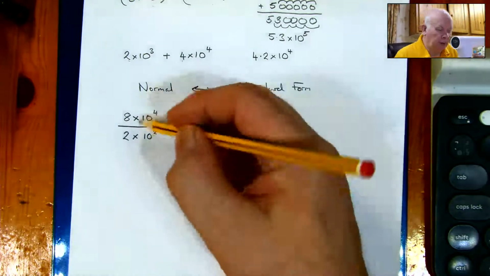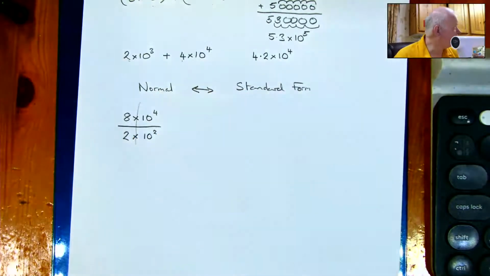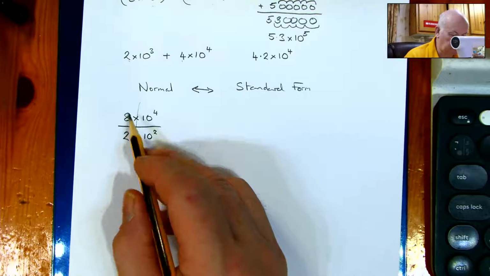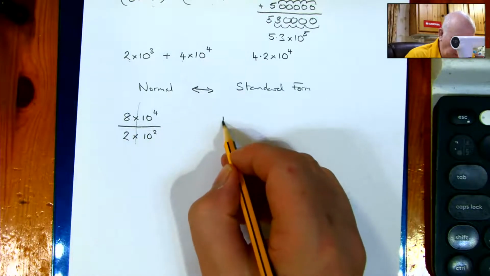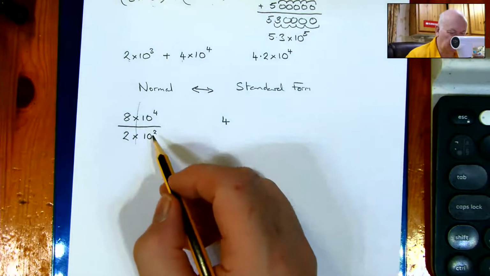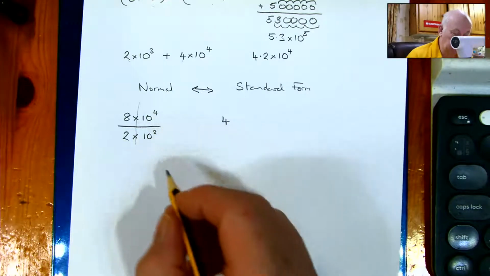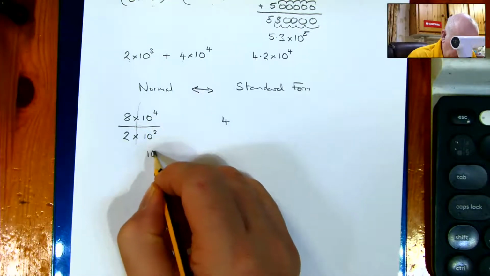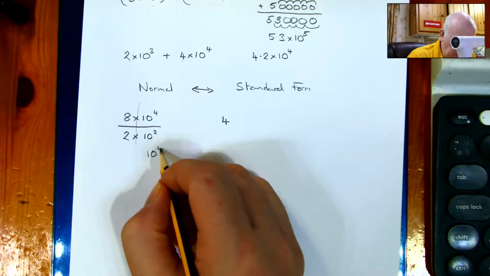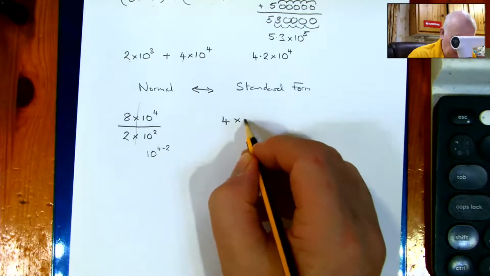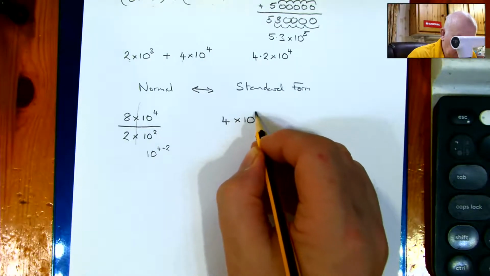We're going to again split the sum into two halves. We're going to take 8 divided by 2, which is going to give me 4. And then when we divide indices, we take them away. So it's going to be 10 to the 4 minus 2, which is going to give us 10 to the 2.